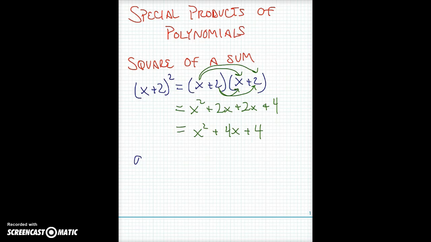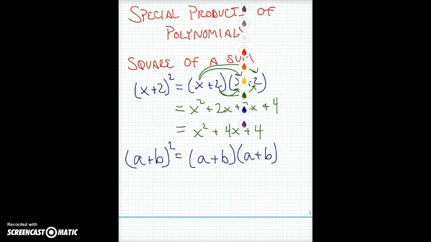So if we look at anything that has the form a plus b squared, we end up with a plus b times a plus b. Now we can use our same methods before. A times a is a squared.